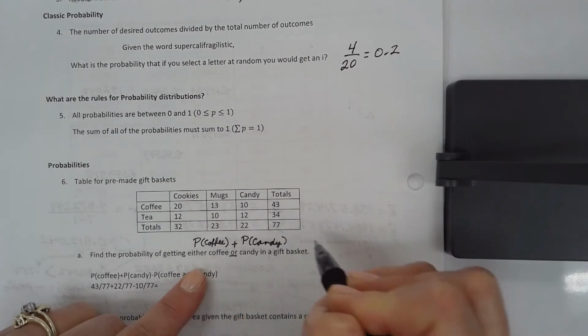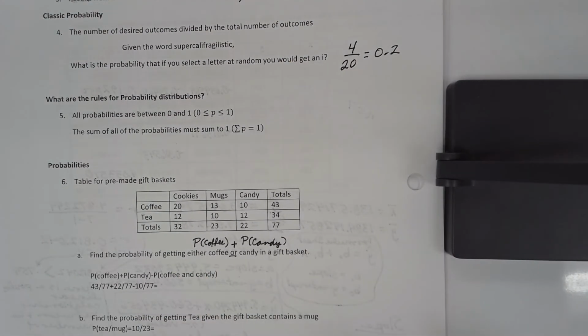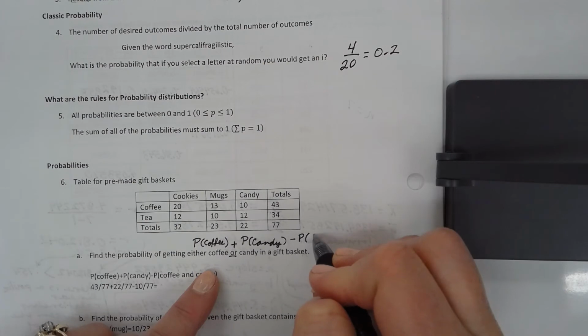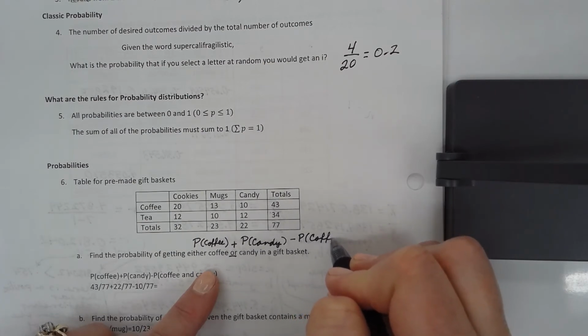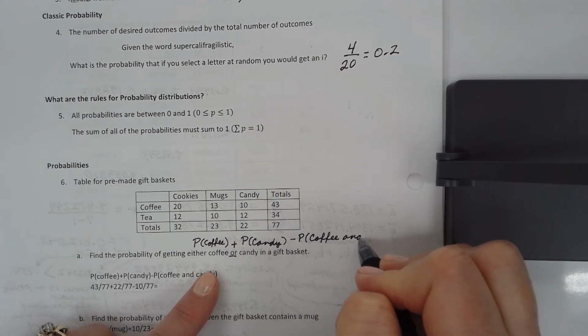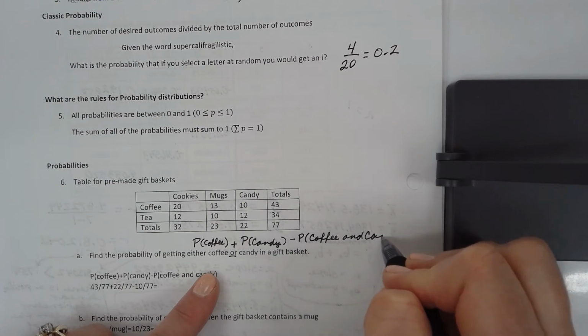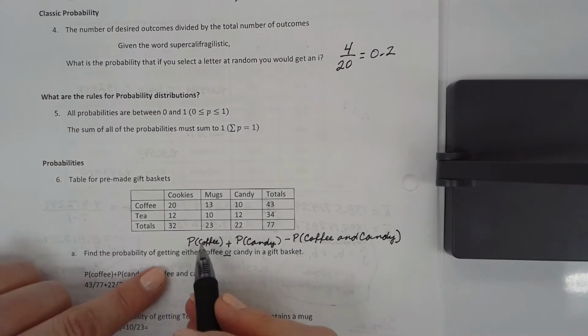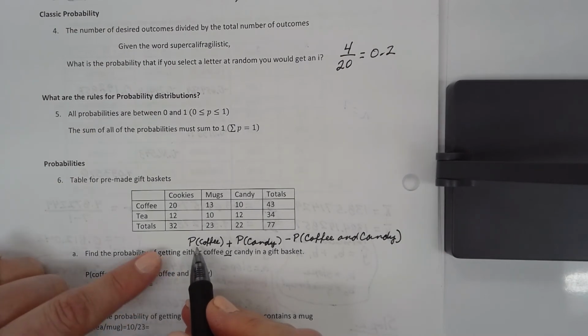Can you have coffee and candy in the same basket? Yes. Okay, so we need to subtract out the probability of coffee and candy because those are not mutually exclusive, right? They can both be in the same basket. Okay, so what's the probability of coffee?